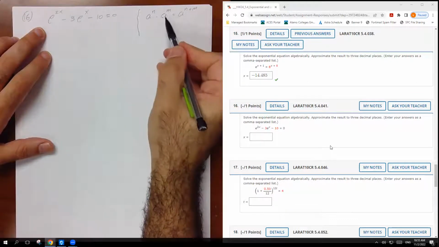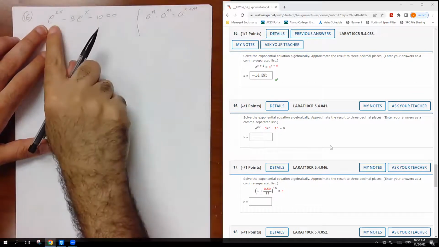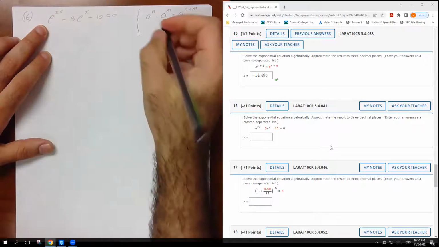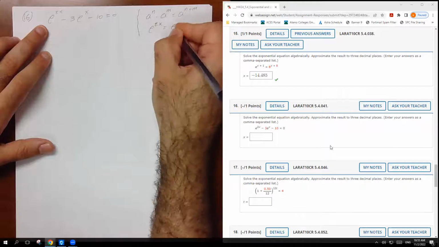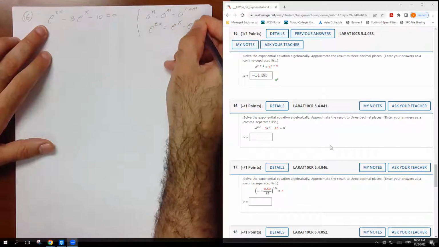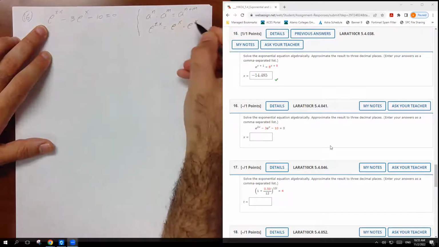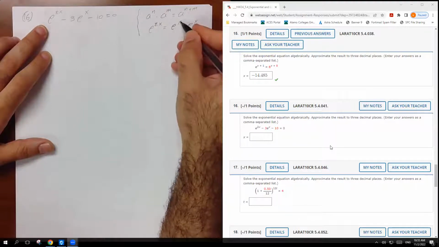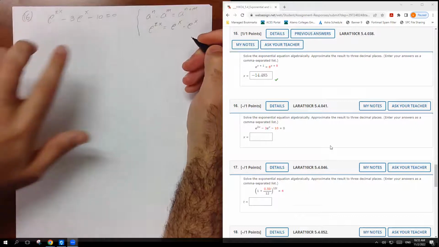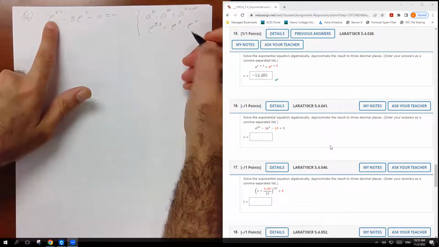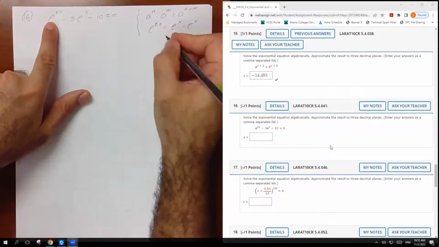If you look at this one, e to the 2x is e to the x times e to the x. When you multiply the same base, you add the exponents. x plus x is going to be 2x. That means this is e to the x times e to the x.